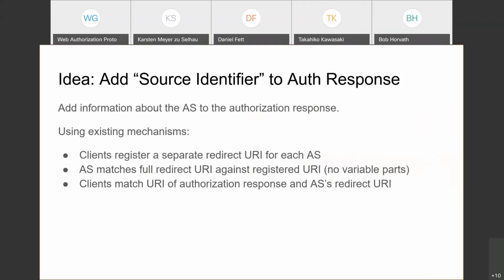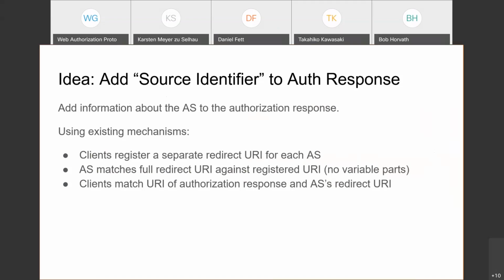And if there is a mix-up attack, there would be a difference because in the example we've seen, the authorization response would be received on the redirect URI for the honest AS, but the client would still think that the attacker AS is in use in that flow. So there would be a mismatch and a mix-up can be detected.